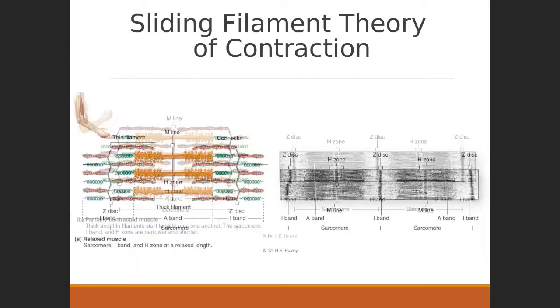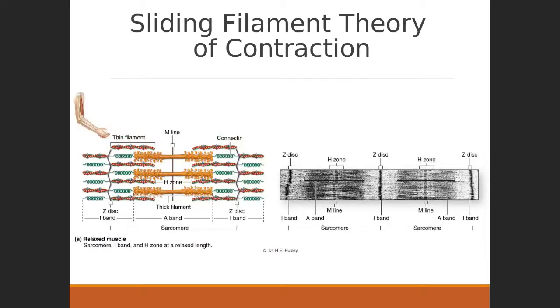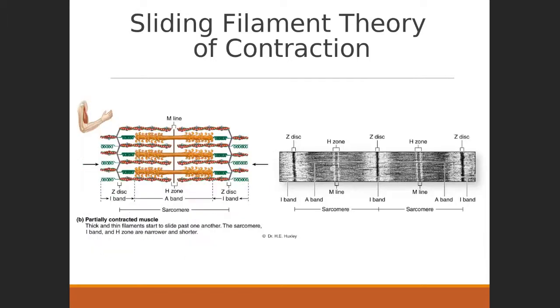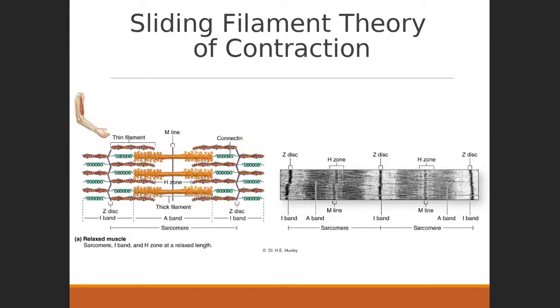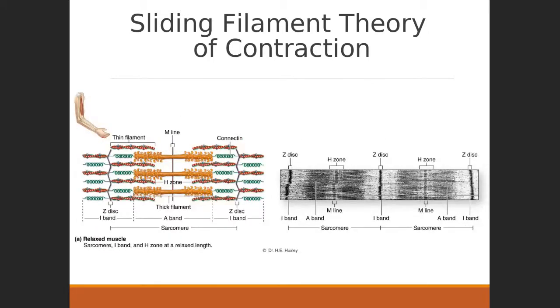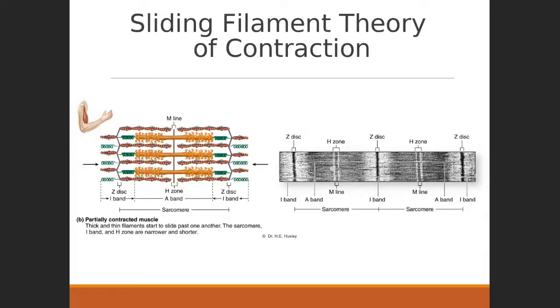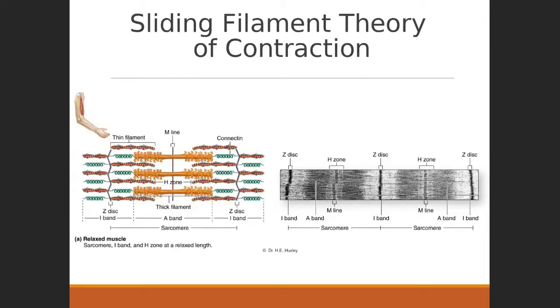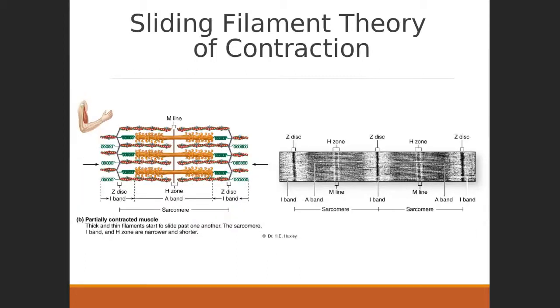So if we go back and forth here a little bit between this relaxed position and this 50% shortened position, we can see how the myosin sits there in the middle of that sarcomere. And what it's doing is using its myosin heads to grab hold of the actin and pull each actin filament, as we're looking at the diagram, one set on the left, one set on the right, towards the midline, that M line of the sarcomere, thereby pulling each Z disc closer together.